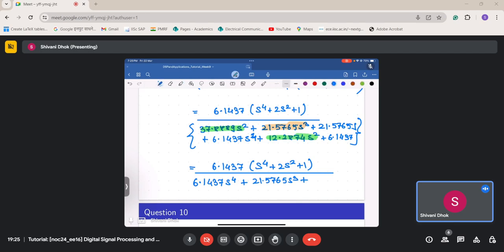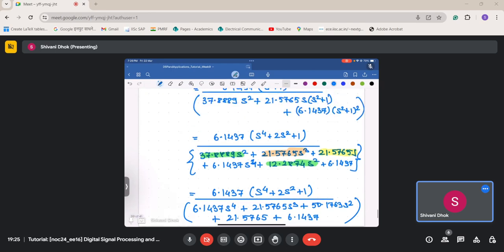So this comes out to be equal to 50.1763 S square, plus then we have S terms. So this is 21.5765 plus the remaining term is 6.1437 constant term. Okay, so this we are having.